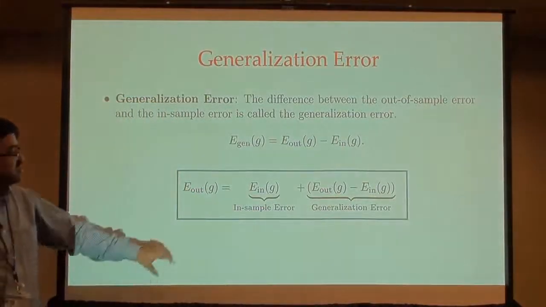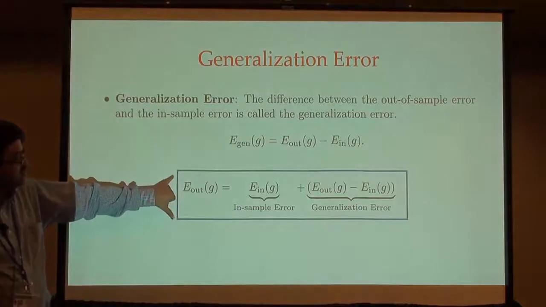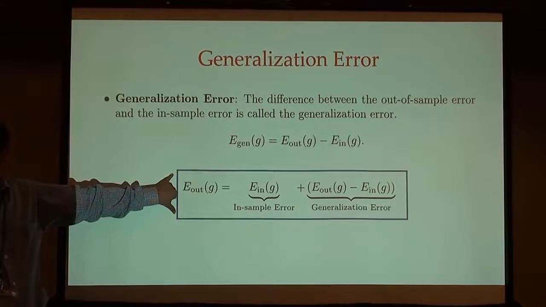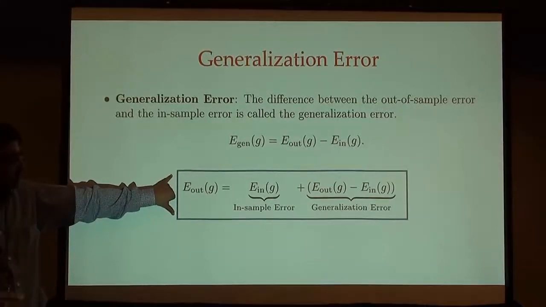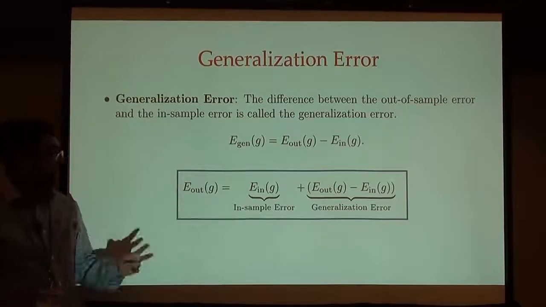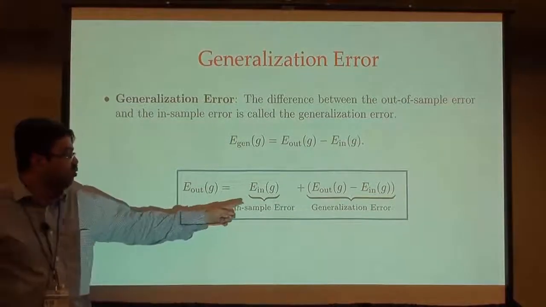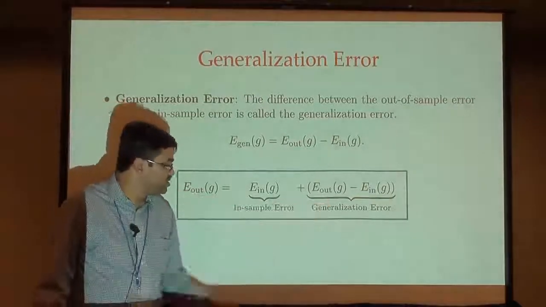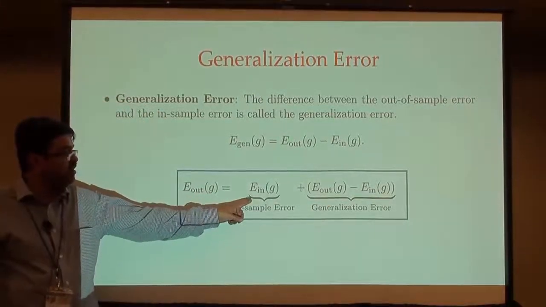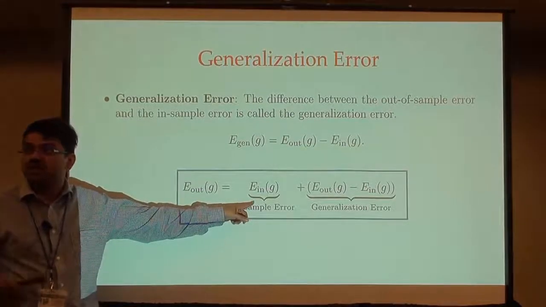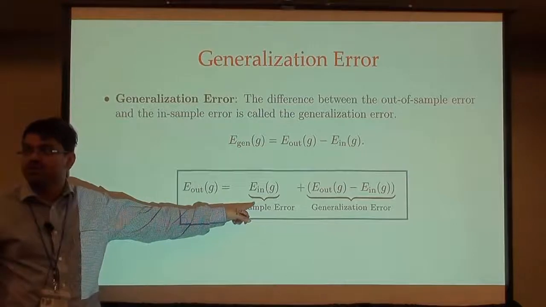Okay? And this is the way in which in machine learning you analyze or think about an algorithm. So this formula is one of the most important formulas, at least to conceptually understand what learning does and how learning algorithms operate. You have two components of error. One is the in-sample error, the other is the generalization error. In-sample error you minimize by doing any sort of optimization routine, and that's what all the neural networks and everything are doing.